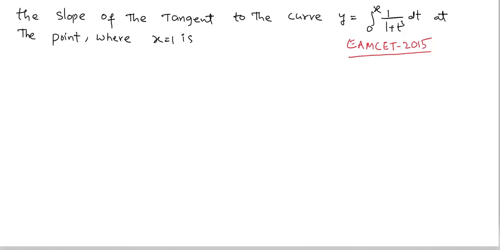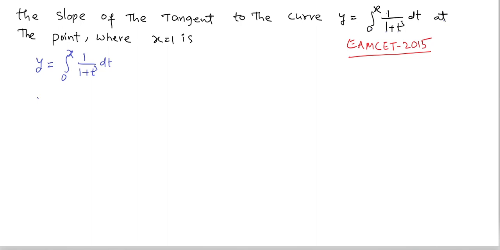The slope of the tangent to the curve y is equal to integration of 0 to x 1 by 1 plus t cube dt at the point where x is equal to 1 is an MSET 2015 question. Here the given curve is y is equal to integration of 0 to x 1 by 1 plus t cube dt.